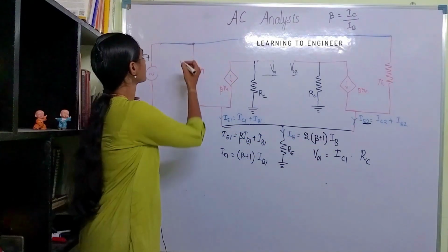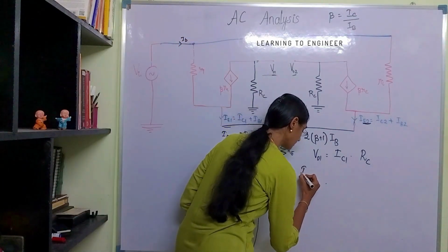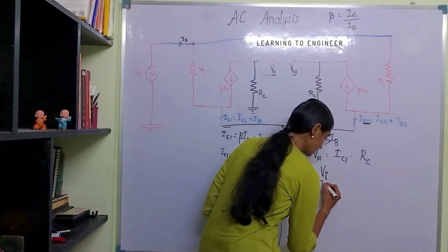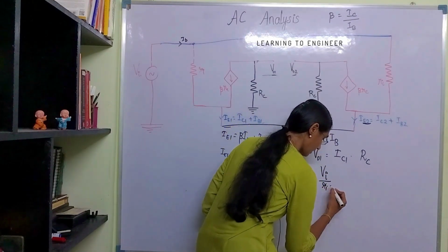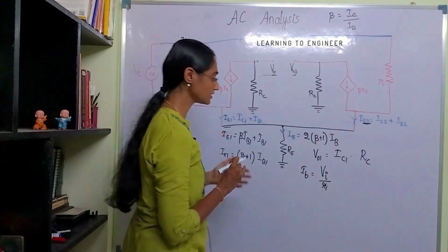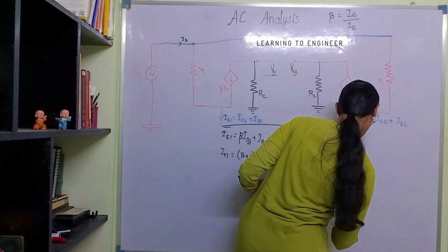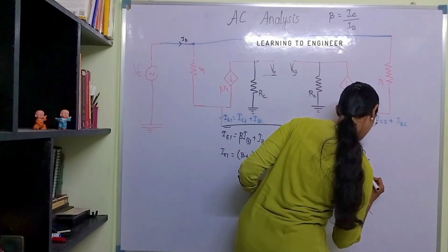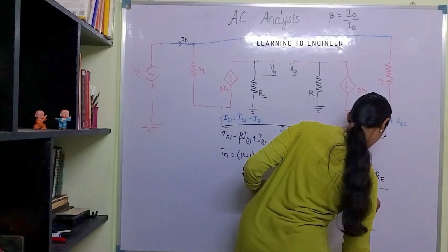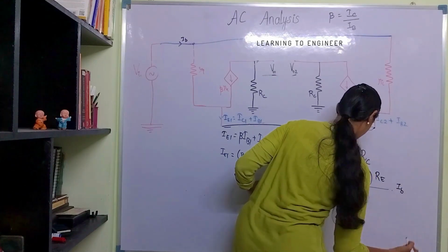So what is IB? IB is the current that is flowing here, right? So what is IB? IB will be the voltage divided by the resistance Ri, the current contributed by this, minus this part, which is 2 times beta plus 1 into Re divided by Ri multiplied by IB, okay.